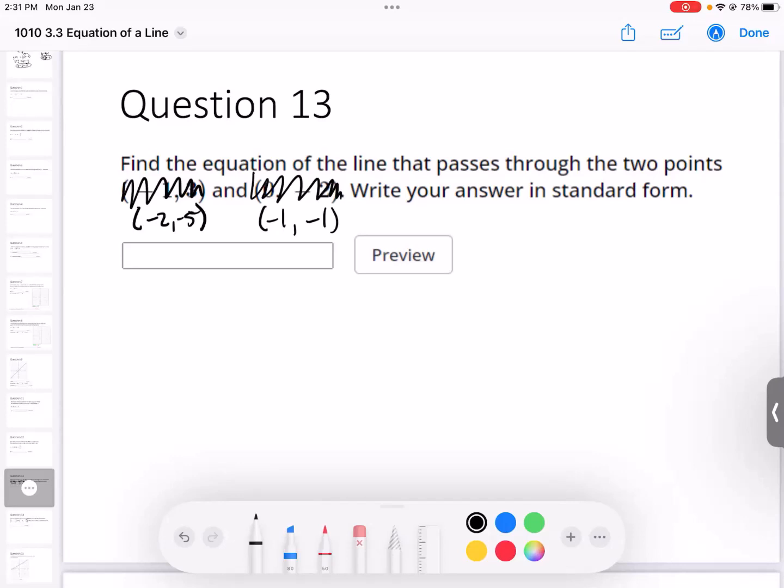Perfect. And are there any equations of lines that have 2 points as like what you need? So we have slope intercept and point slope. Yeah, so we can do point slope, but we also have to know what the slope is before we could use it. So we can find the slope between the 2 points.